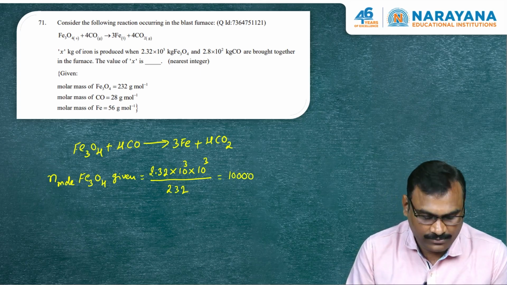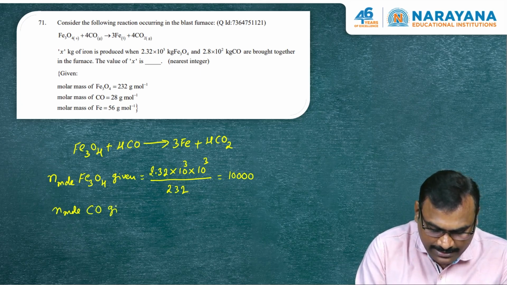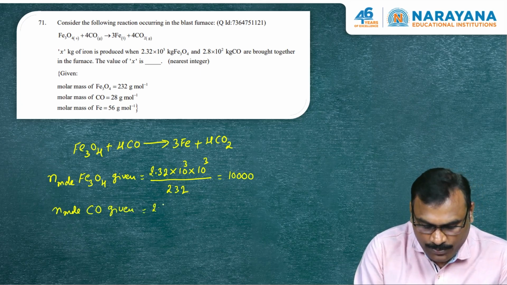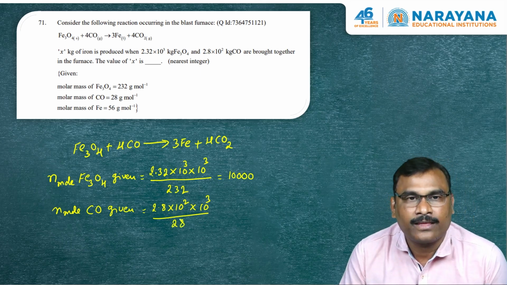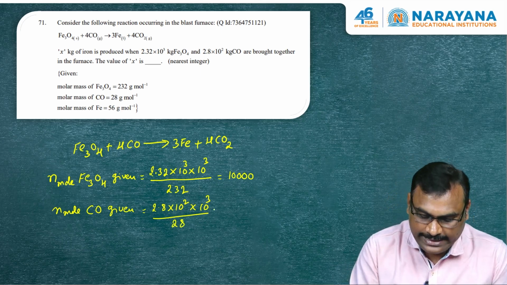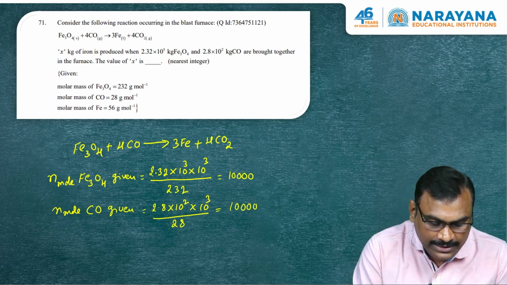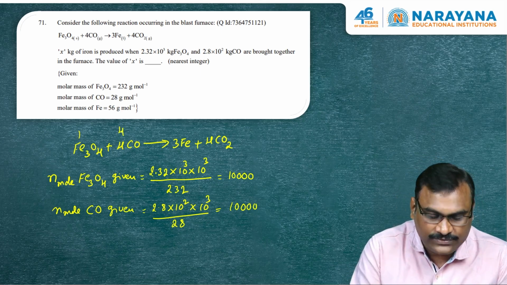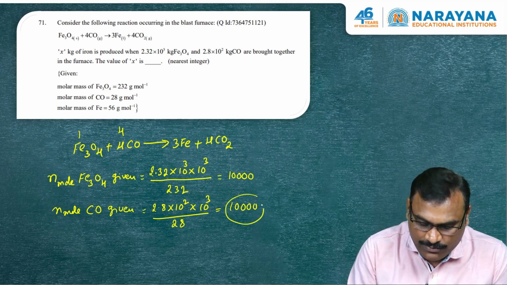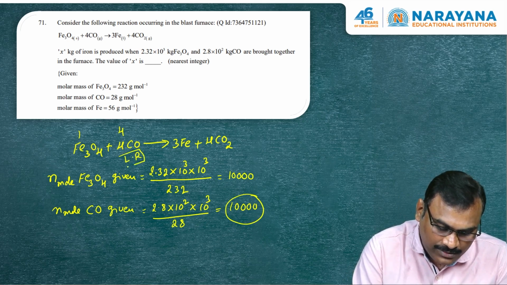The number of moles of carbon monoxide given is 2.8 into 10 to the power of 2 kg, again divided by 28, carbon 14, oxygen 16, so the molecular weight is 28. Again the number of moles given is 10,000. But according to the stoichiometric equation, 1 mole of Fe3O4 requires 4 moles of CO. Therefore, the number of moles of CO given is in lesser quantity. That means CO should be the limiting reagent for the given question.